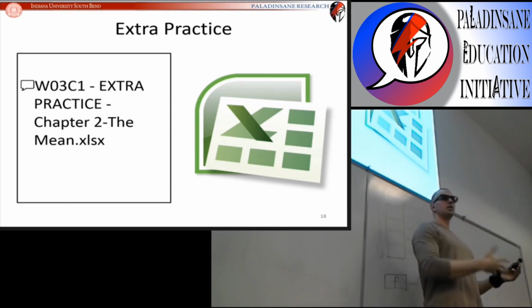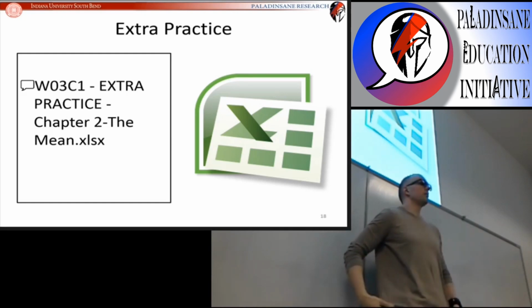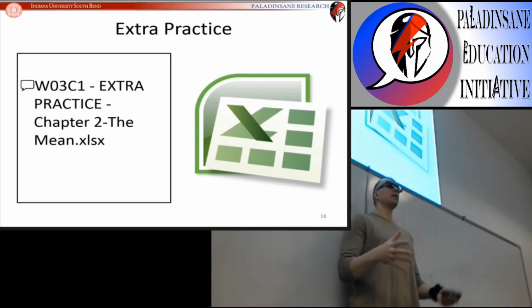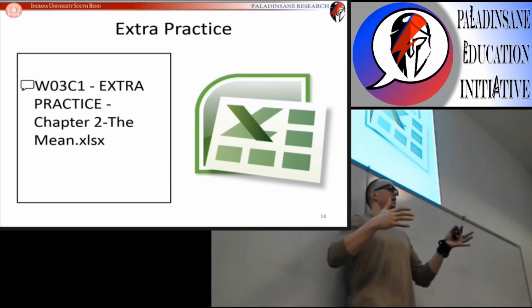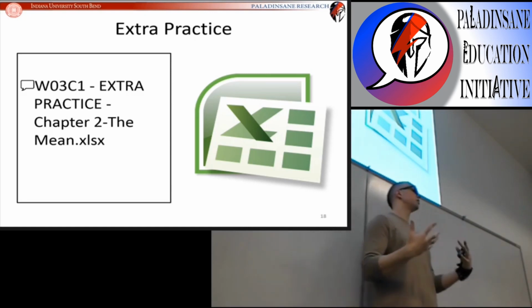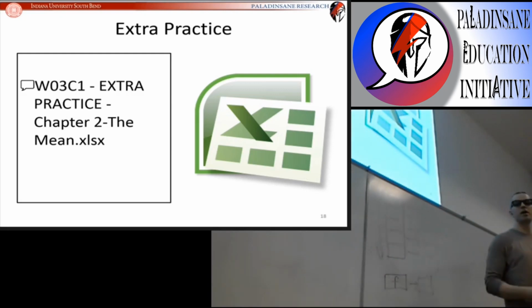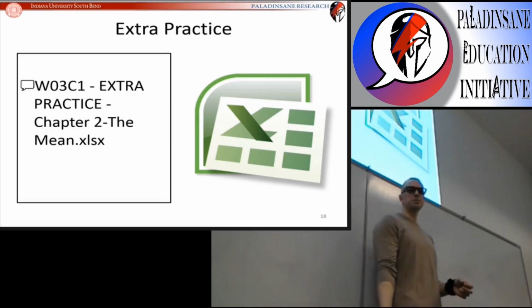But again, even though you might know how to do it, even though you might know what the formulas are, it is highly beneficial to practice these until you get it fast, because the faster you are at Excel, the more time you're gonna have in your exam to just sit back, relax, take a look at the question, and not feel any time pressure, and basically maximize your score on that exam. So I highly recommend do the extra practice as well.